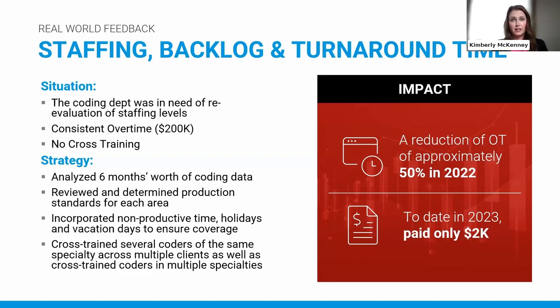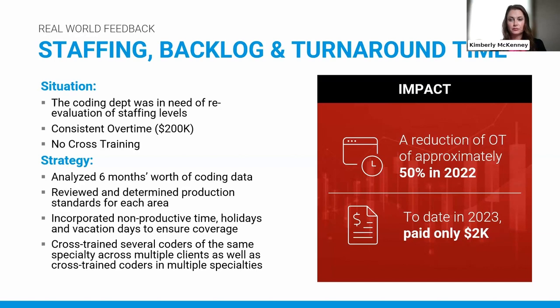That really led to consistent coverage and allowed us to cover any unplanned absences. The following year, our overtime was cut in half, which was still $100,000 and a really big number. But so far this year, we're in September, obviously, and we've only spent about $3,000 in overtime to date.